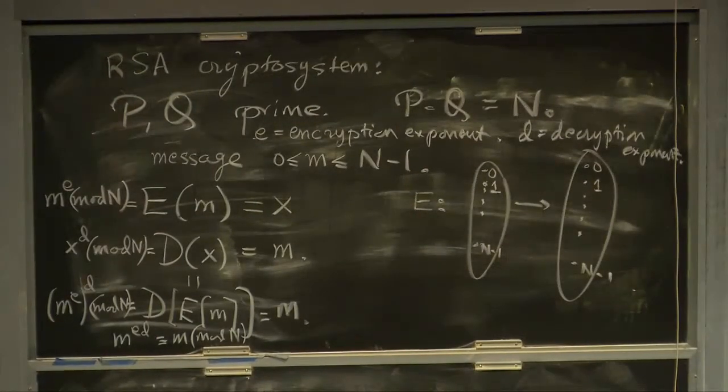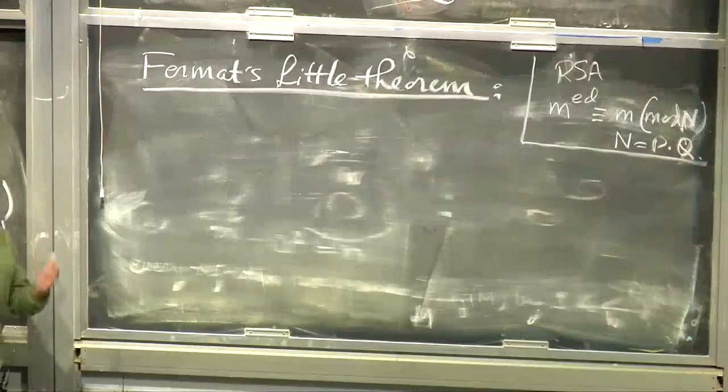The reason it works is you have these magical exponents e and d, so that you choose any message m and you raise it to the power of e times d, and you get back m mod n. Right? Where n was p times q.